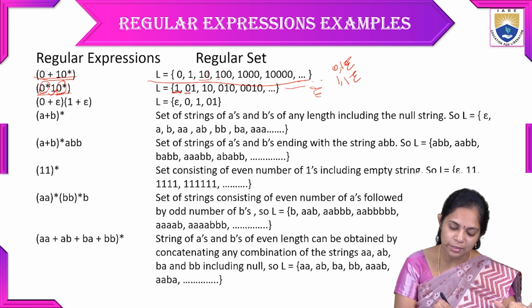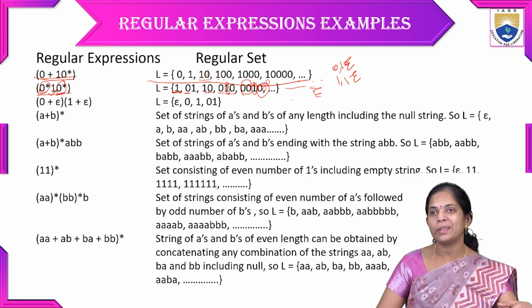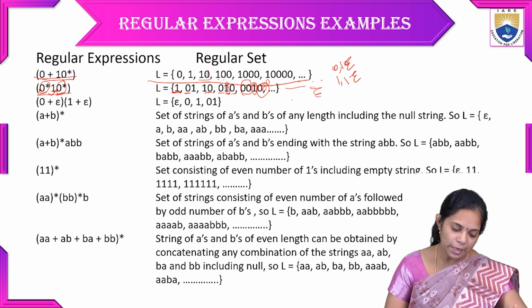Starting is 0, ending is 0, and in between we get 1 as a substring. Zero many times at the start, so we write 0 star, and 0 many times at the end also. Like this we form the regular sets for the regular expression.